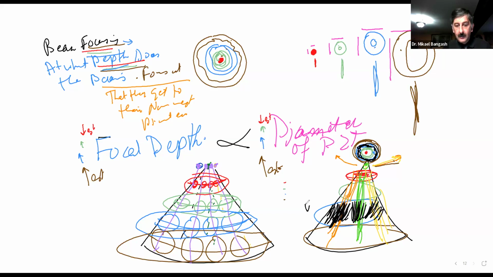Nothing is being transmitted, nothing being reflected by this PCG because it is damaged. That's why we will have a horizontal defect. So our image is going to be something like that.